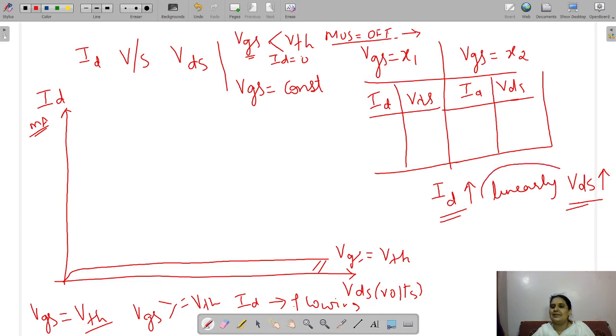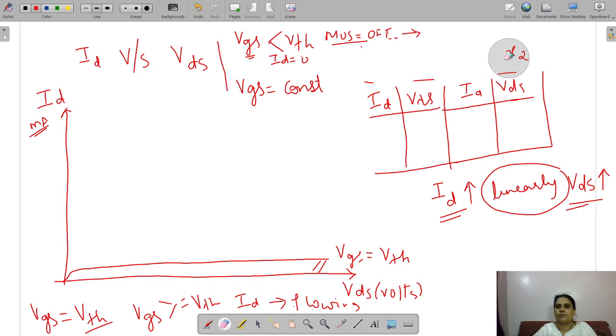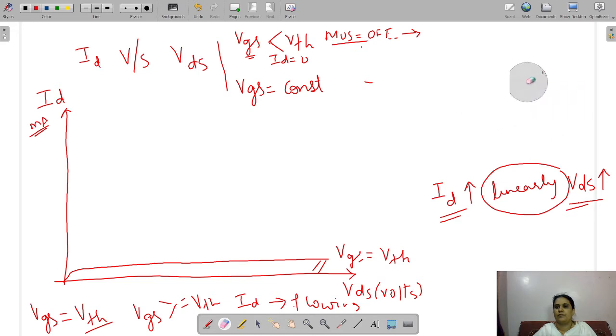How? Linearly. What is the meaning of this word linearly? If the IV graph or the VI graph of any component is a straight line, it is called linear.